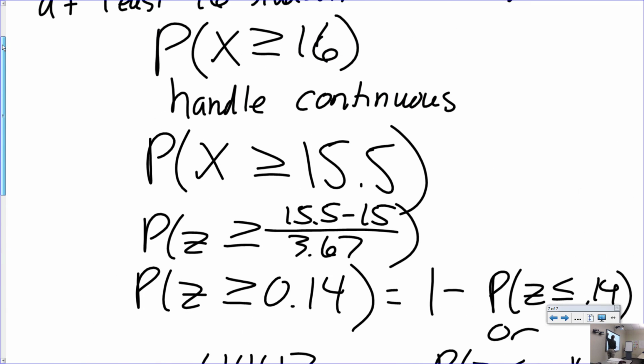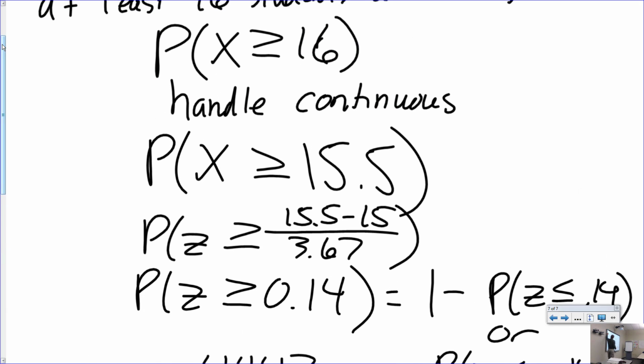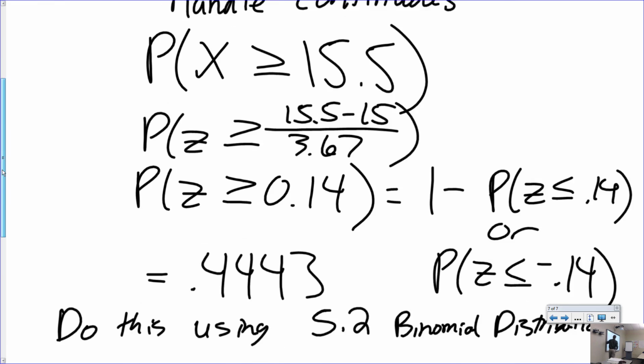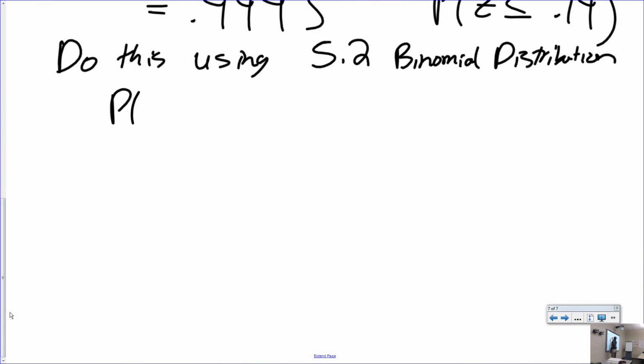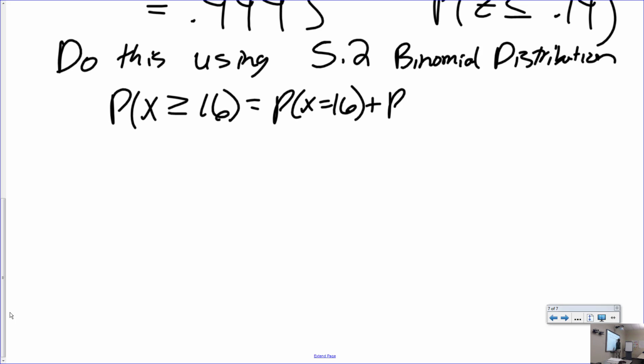All right, so we want greater than or equal to 16. The probability that x is greater than or equal to 16 equals the probability that x equals 16 plus the probability that x equals 17 plus the probability that x equals 18, and so on.